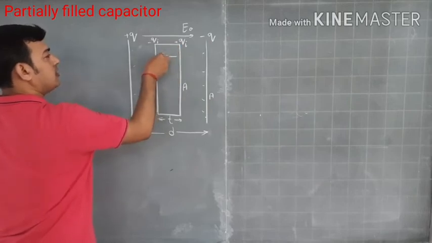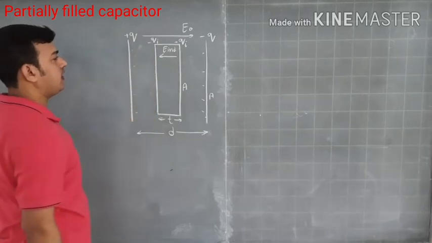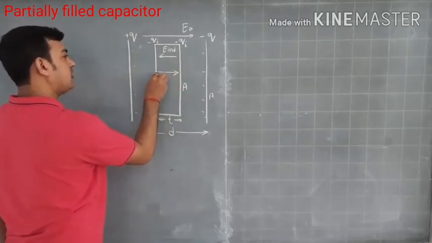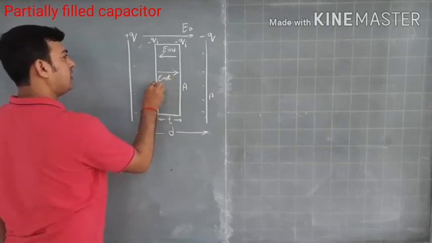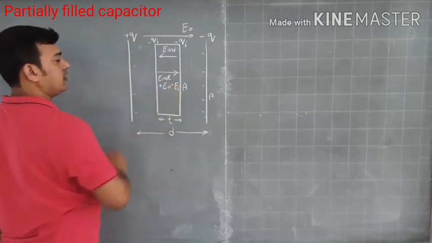So there will result an induced field inside the dielectric, and that will decrease the value of the net field inside the dielectric as E naught minus E_I, that is the induced field.